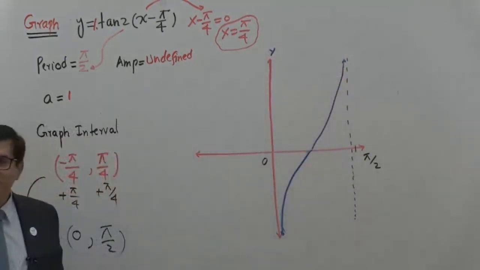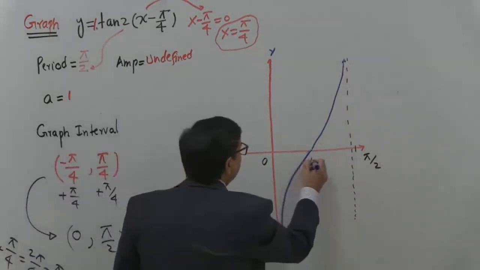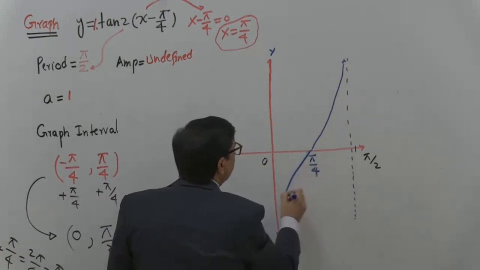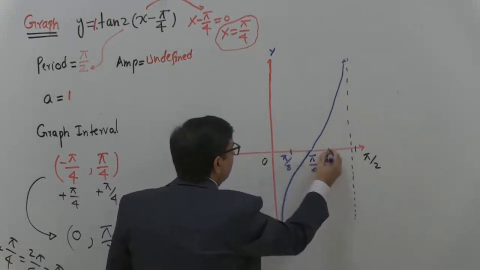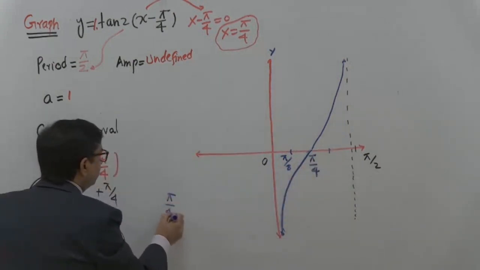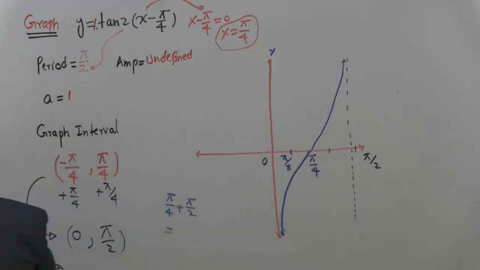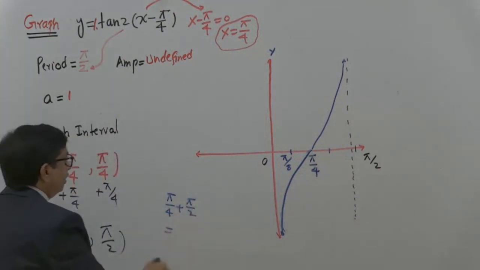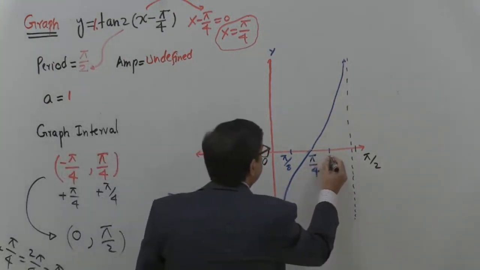Now, what's the next step? Label it. This is the midpoint, pi over 4. This is pi over 8. And when you add pi over 4 plus pi over 2, what's the answer? 3 pi over 8.